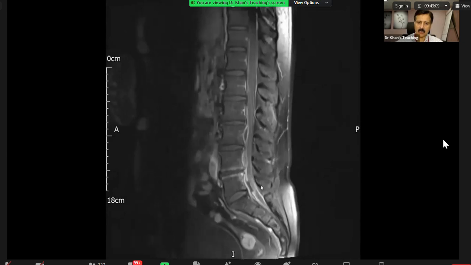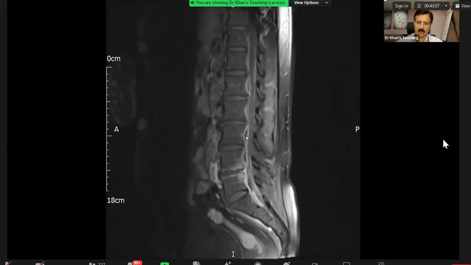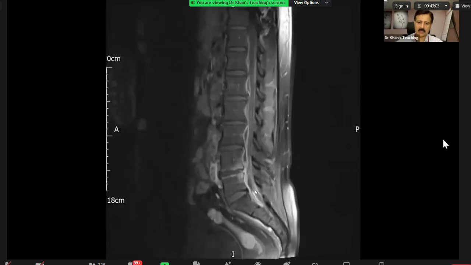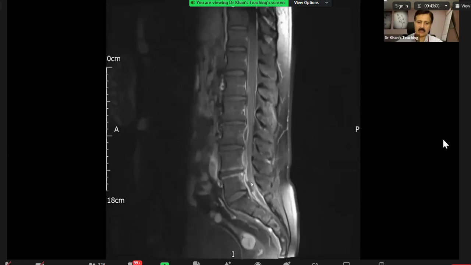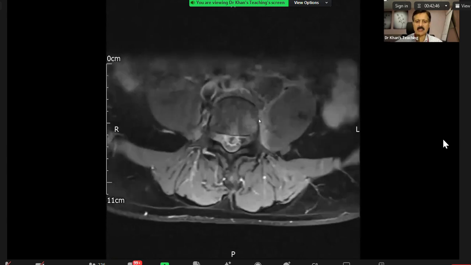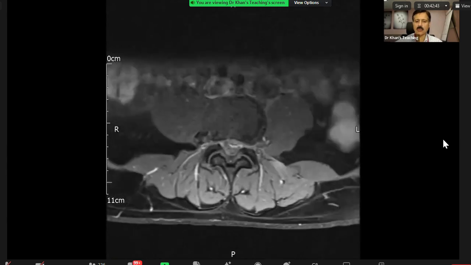Now part of it is phlegmon, but part of it, which is this thing here, which is fluid intensity, is all abscess. If you can see within the thecal sac there is enhancement, so it comes to your mind what is enhancing. So the nerve roots are enhancing, and this is a sign of acute arachnoiditis.